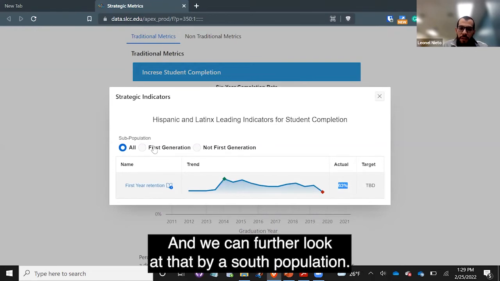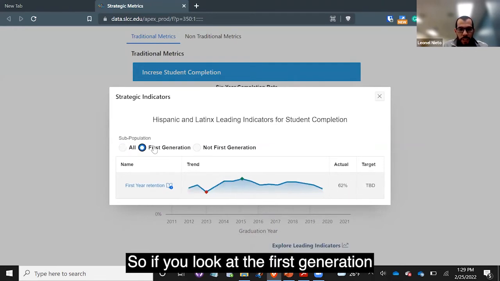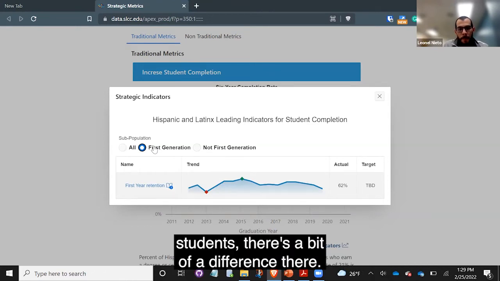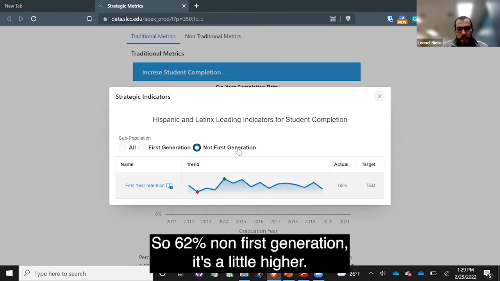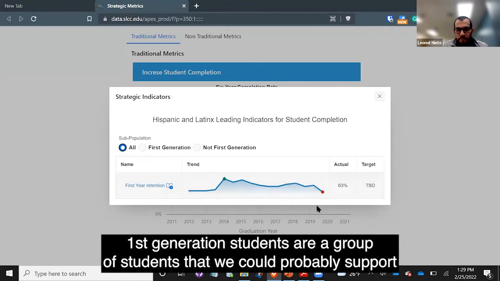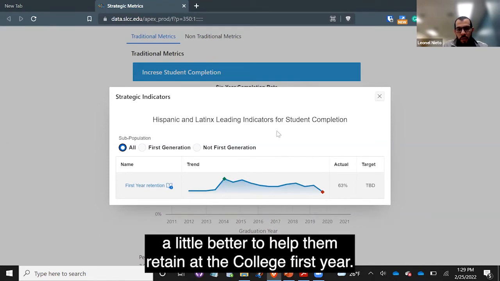And we can further look at that by a subpopulation. So if we look at the first generation subpopulation of Hispanic and Latinx students, there's a bit of a difference there, right? So 62%. Non-first generation, it's a little higher, it's 65%. So first generation students are a group of students that we could probably support a little better to help them retain at the college that first year.